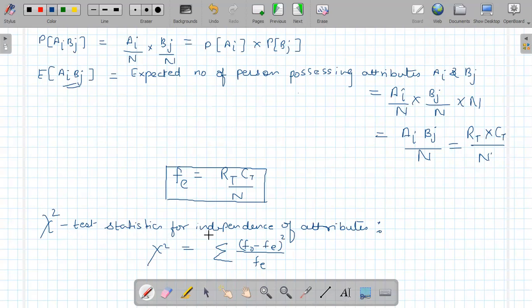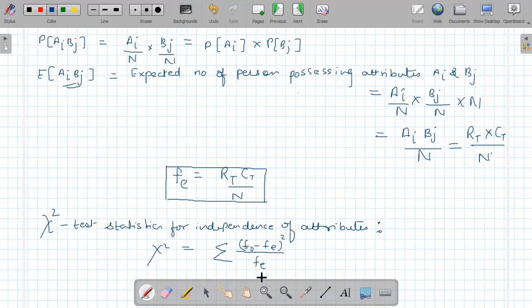So the chi-square statistic for independence of attributes is the summation of (Fo minus Fe) whole square divided by Fe, where Fo is the observed frequency and Fe means the expected frequency.